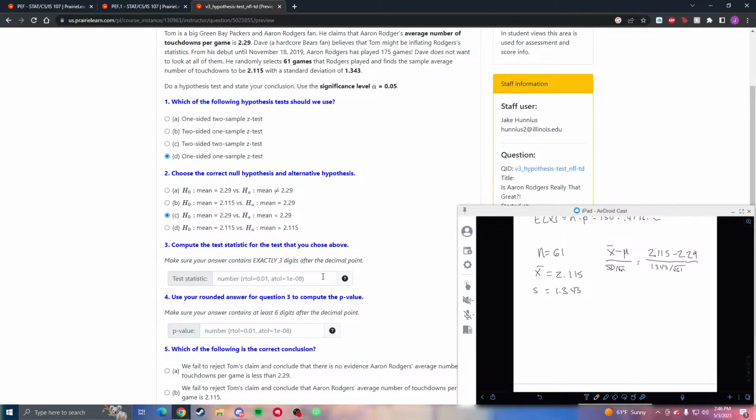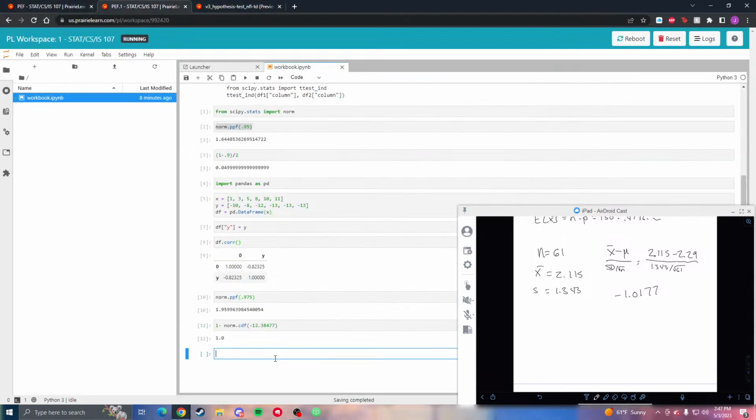So I'm going to plug that into my calculator: 2.115 minus 2.29 over 1.343 divided by the square root of 61. So I'm getting a test statistic of minus 1.0177. I'm going to check it on this calculator.